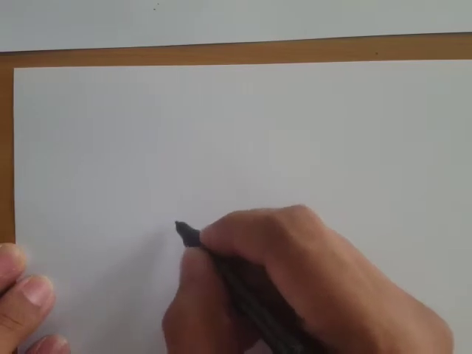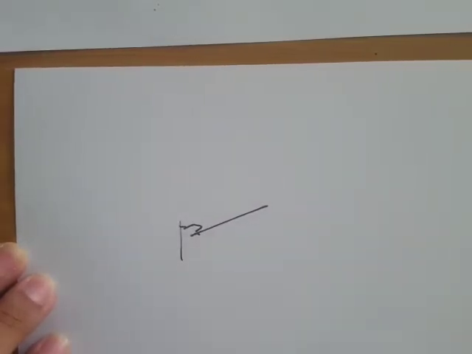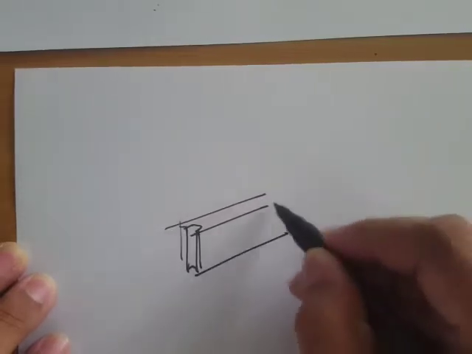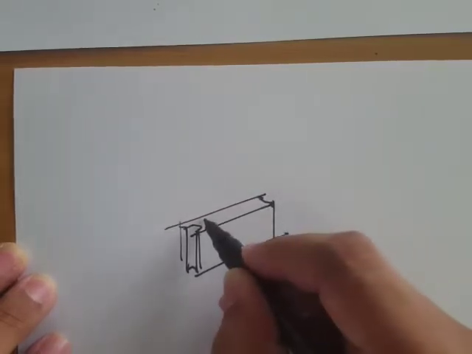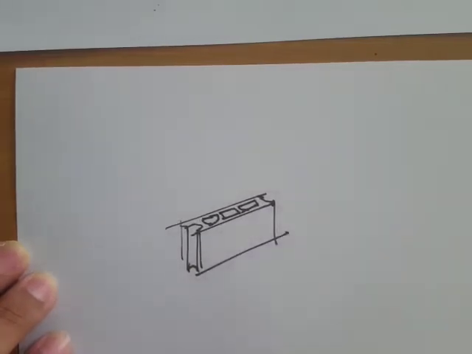Okay, so now let's discuss the CHB walls in detail. So basically, a CHB looks like this. We have three cells here.